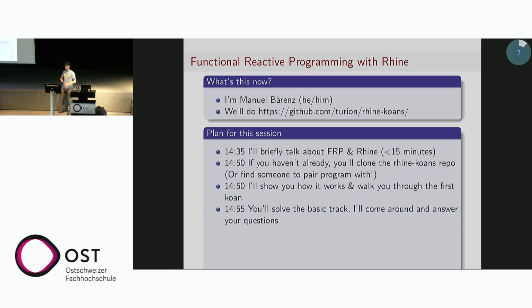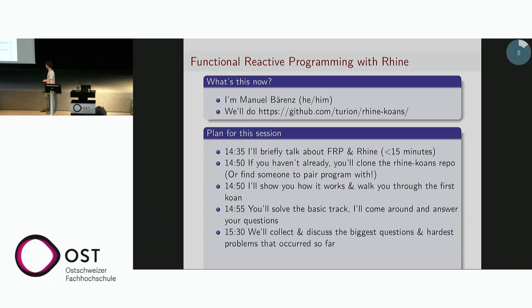And there are several tracks. There's a basic track where you learn some basics, and you can work through those. And I'll come around and answer questions. I'm also going to say some things publicly if I notice that everybody gets stuck on the same thing. And after some time, we'll collect the questions, the hardest problems, look at those together, see what we can learn.